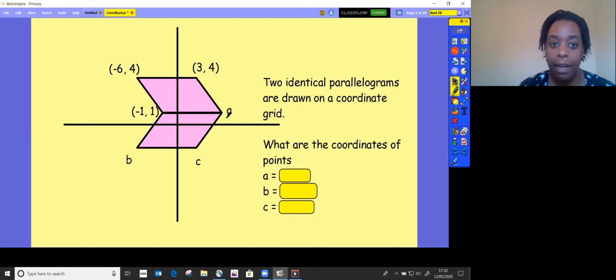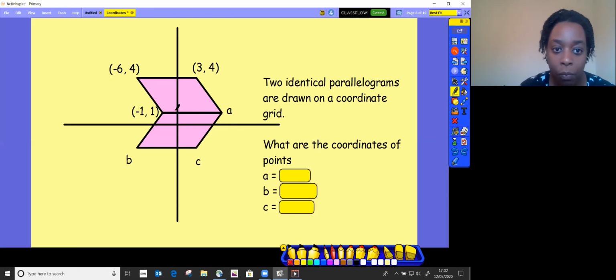So this number on the Y coordinate must be 1, because we know this one down here is -1, the X, and this is +1. So our Y coordinate here must also be 1. So I'm just going to put that in, 1.